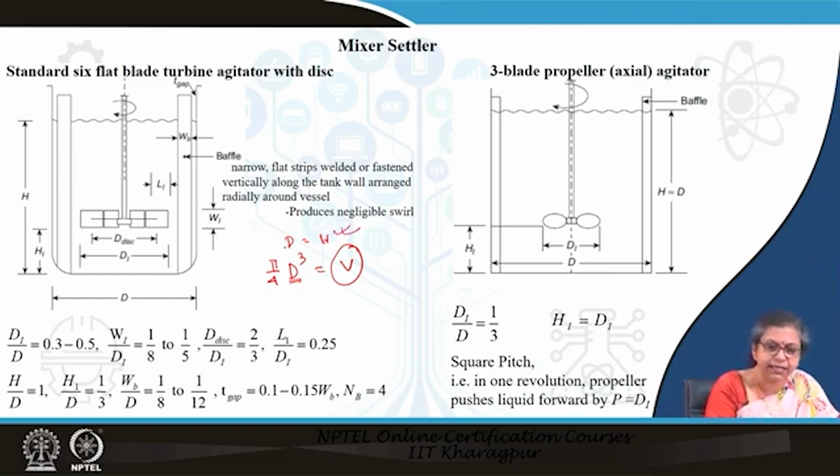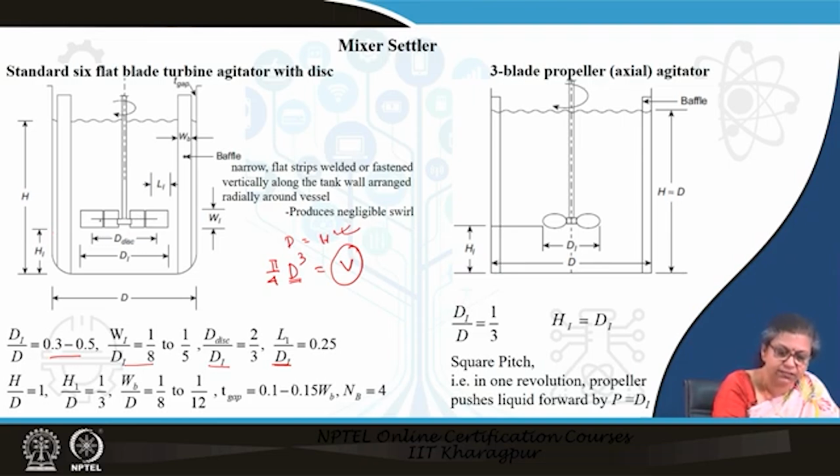Once the height is decided, we can go for the impeller design. Usually these are thumb rule types, with some fixed ratios for the diameter of the impeller, the width of the impeller, the diameter of the disc, the length of the impeller, and the height from the liquid bottom where the impeller is kept.